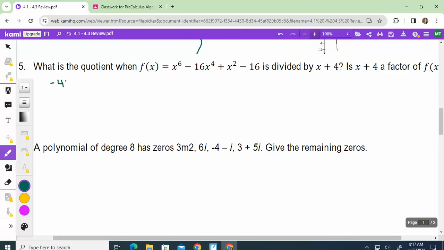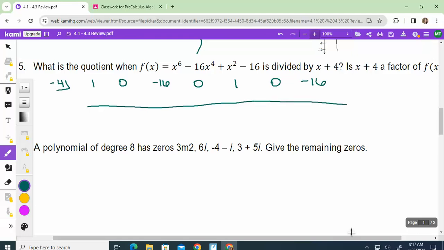So always the opposite with that. Then we do our coefficients. So we have a 1x to the 6th, and 0x to the 5th, -16x to the 4th, 0x cubed, 1x squared, 0x, and -16. Did you guys forget your zeros?